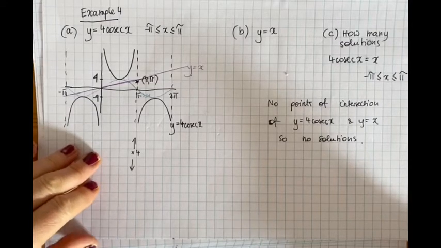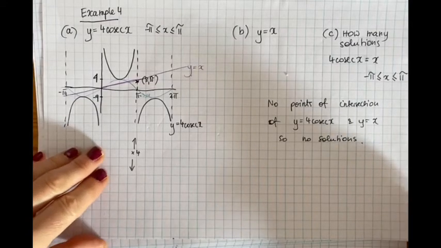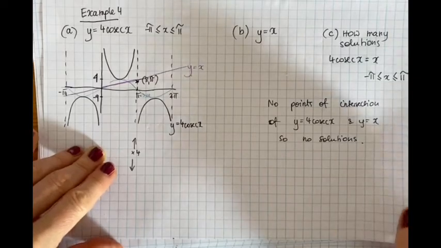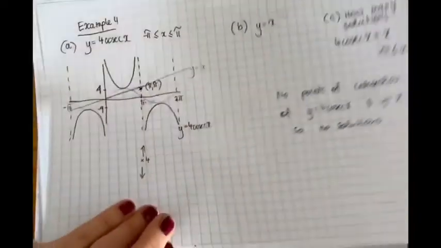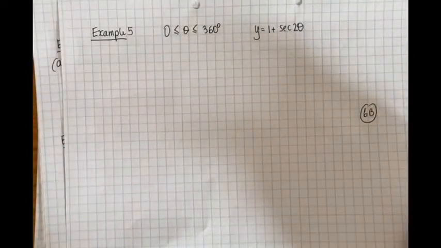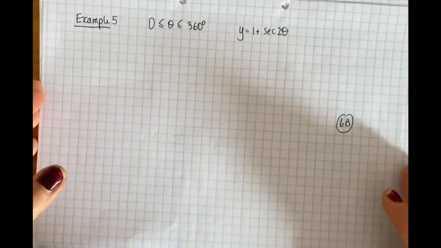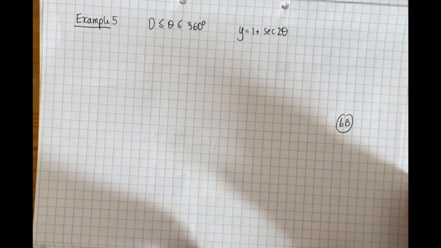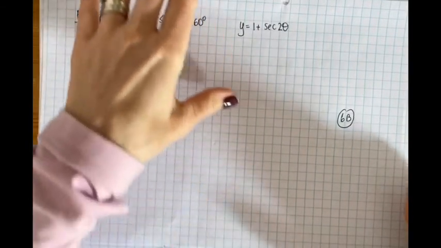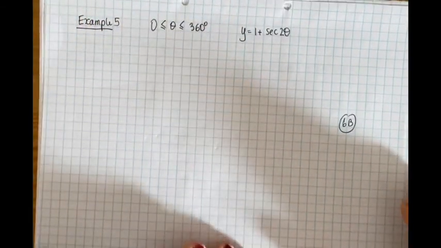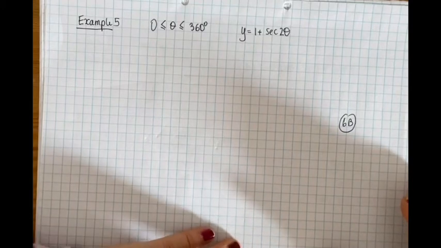Okay, we've got one more example before exercise 6b. So example 5 asks us to sketch between 0 and 360 the graph of 1 plus sec 2 theta.